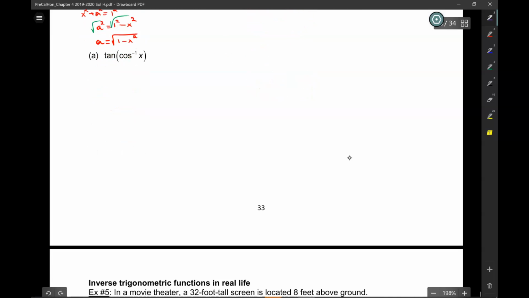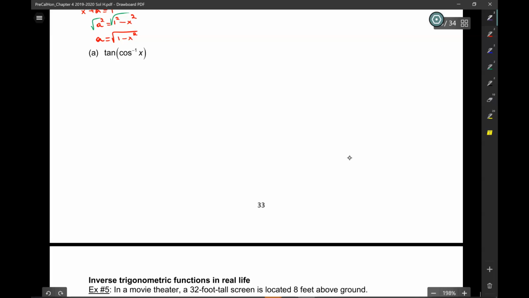Here I have tangent of inverse cosine. I have an angle, the cosine of which is x, or x over 1. So adjacent over hypotenuse is x over 1.